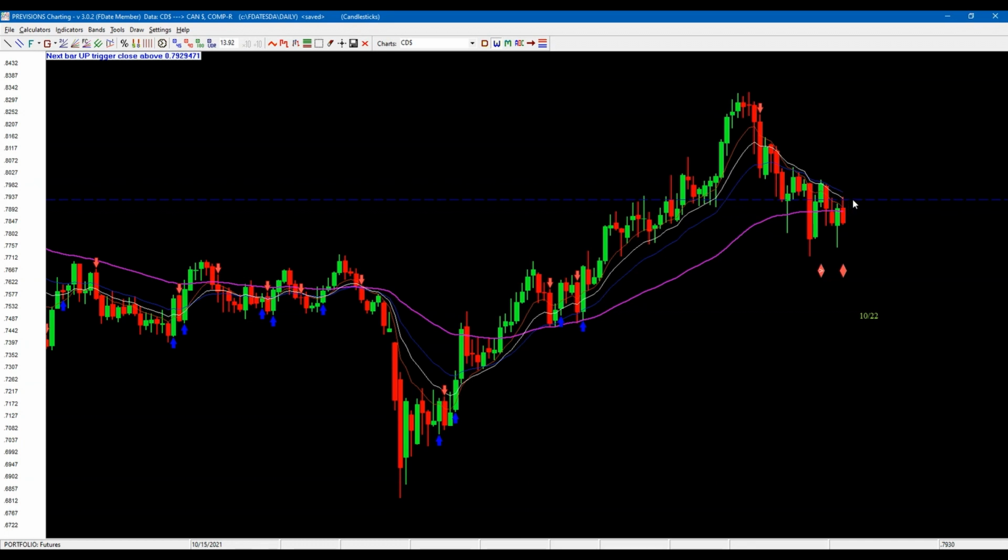If the market trades above 0.7929 during the next price bar, not this one, but the next price bar, which happens to be next week, that's week ending October 8th, right? That sounds about right. Let's see. This is week ending 10/1. Yep. So the next one is week ending 10/8.